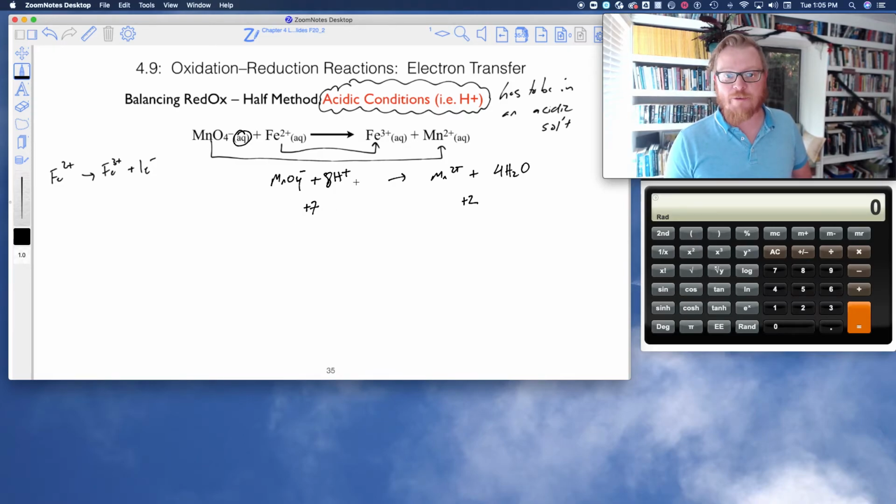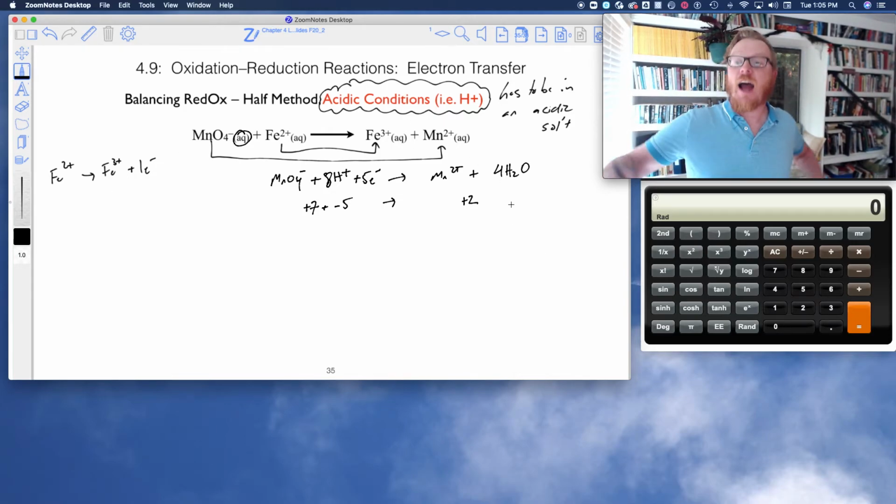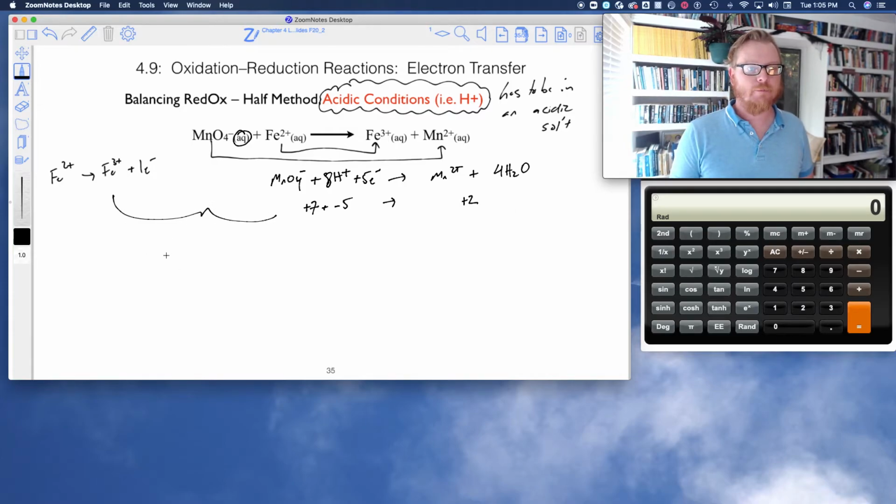And the way I take away 5 is by actually saying plus 5 electrons. Okay, so now plus negative 5, right? And that's going to balance it out. Beautiful. So now that I've balanced each half, I can bring them back together. Okay. And let's see, I'll write the iron on top.